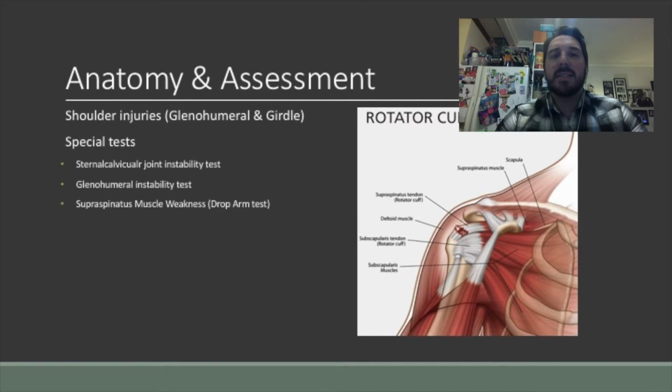Some special tests that you can do to figure out what type of shoulder injury you have are the sternoclavicular joint instability tests, and this would be for both the glenohumeral joint and the girdle. There's the glenohumeral instability test, as well as the drop arm test, which is used to test for supraspinatus muscle weakness. As far as treatment goes, I've listed two types.